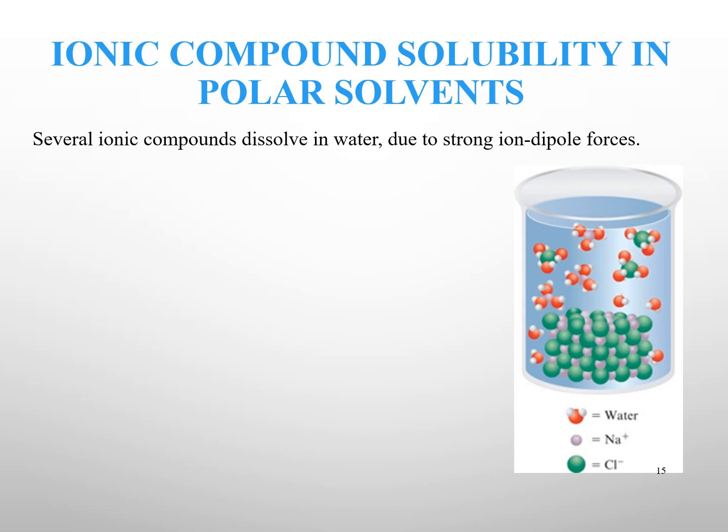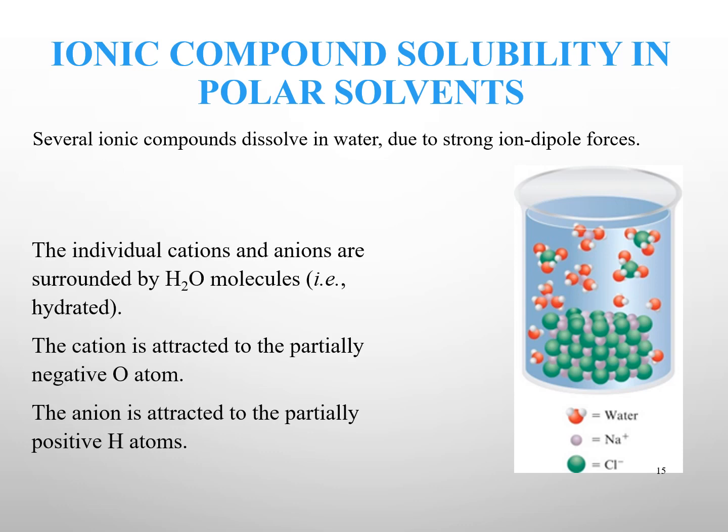Whenever you have an ionic compound, like a salt, dissolving in water, what actually happens is it breaks into individual ions. Like say Cl negative is a negative charge ion. It's attracted to the positive side of the water, so the hydrogen side. And then Na plus is a positive ion, so it's attracted to the negative side of the water.